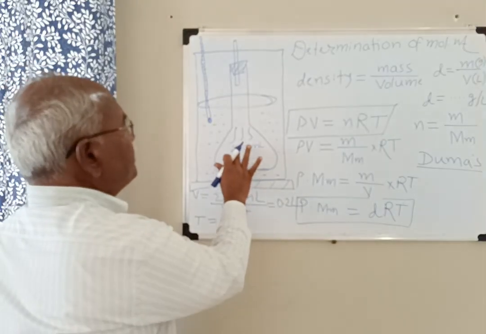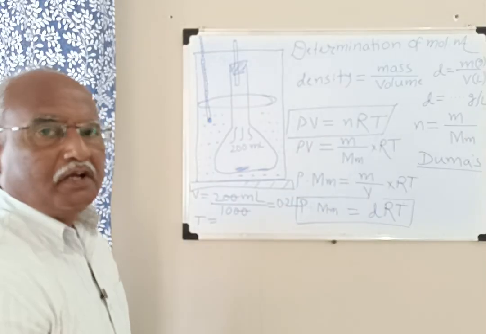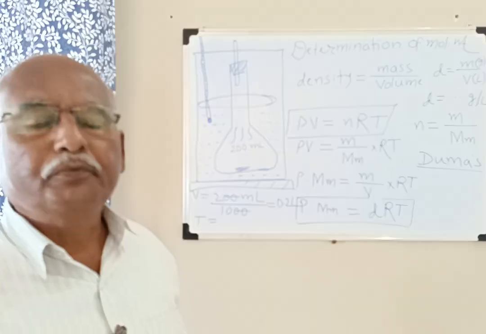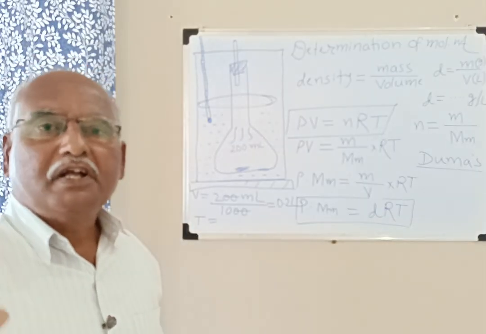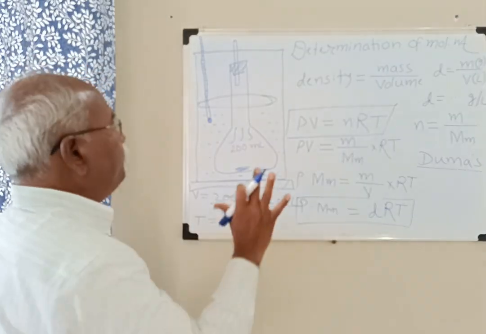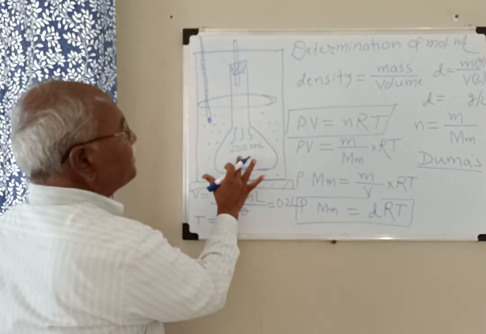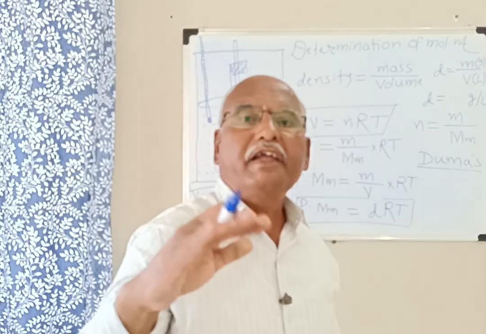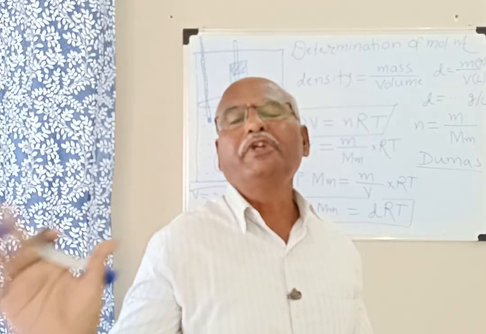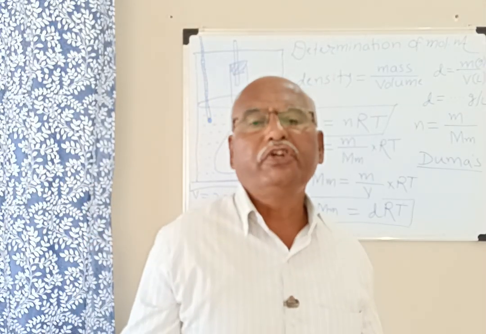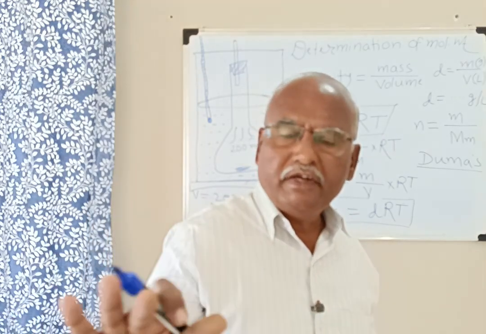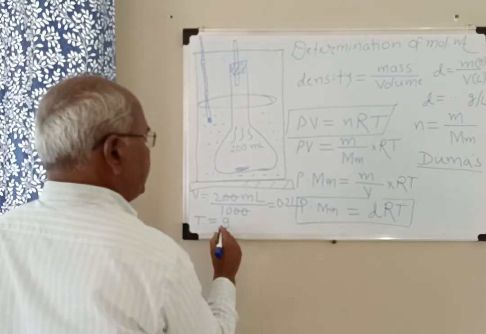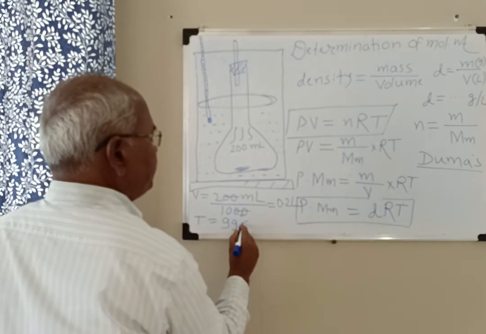When all the substance is converted into vapor, the flask is cooled. After cooling, the vapors get condensed. That means the vapor again converted into liquid state. Then the temperature at that time is 99 degrees centigrade.